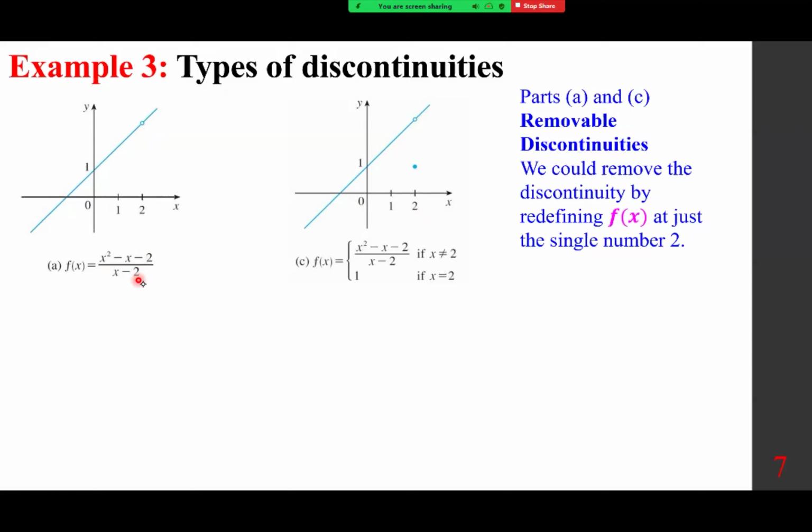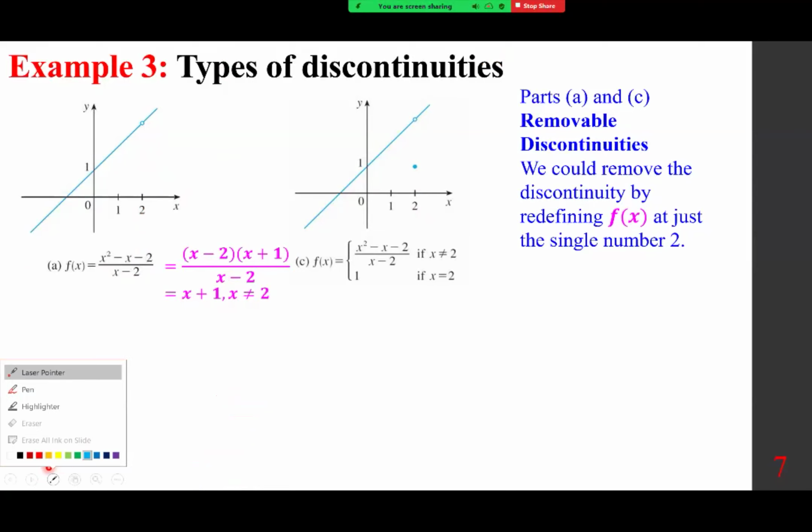Take a look at this one, and you factor as x minus 2 times x plus 1 over x minus 2. They cancel each other. You get x plus 1. Remember, y equals x plus 1 is this line, everybody. No hole. But this one says it's x plus 1 when x can't be 2. That means if you plug in 2, it gives you 3. This point has coordinates 2, 3, this hole, okay?